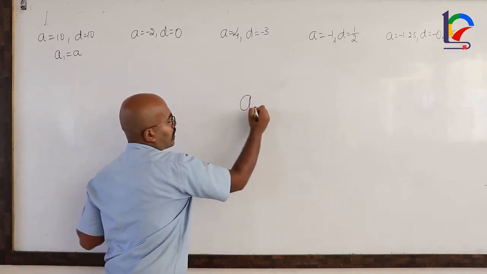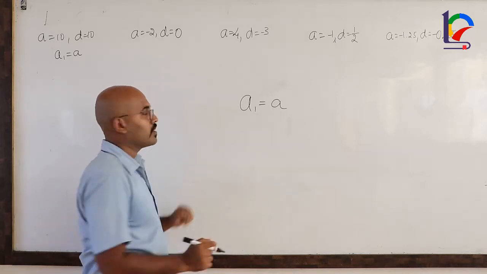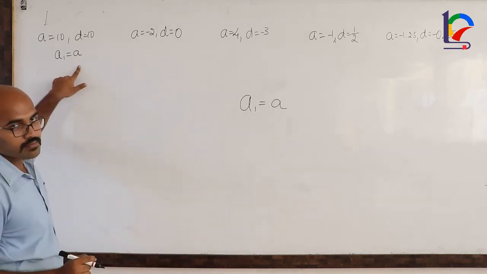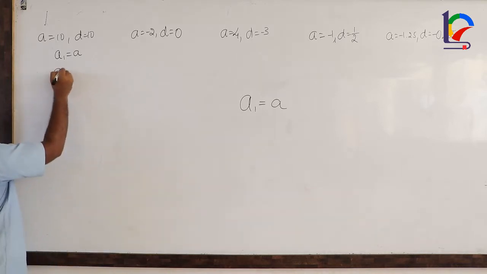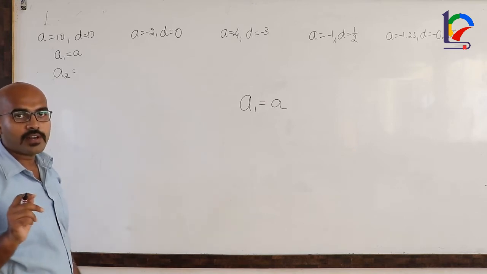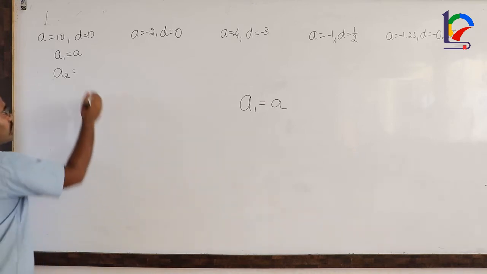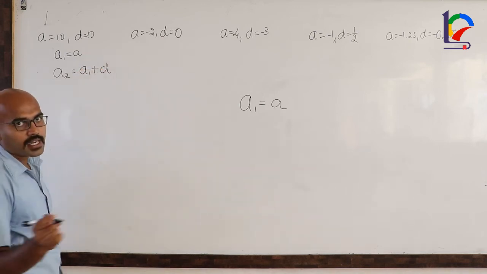So if you want to find the second term, a2, we will add the common difference to the first term, that is a1 plus d.